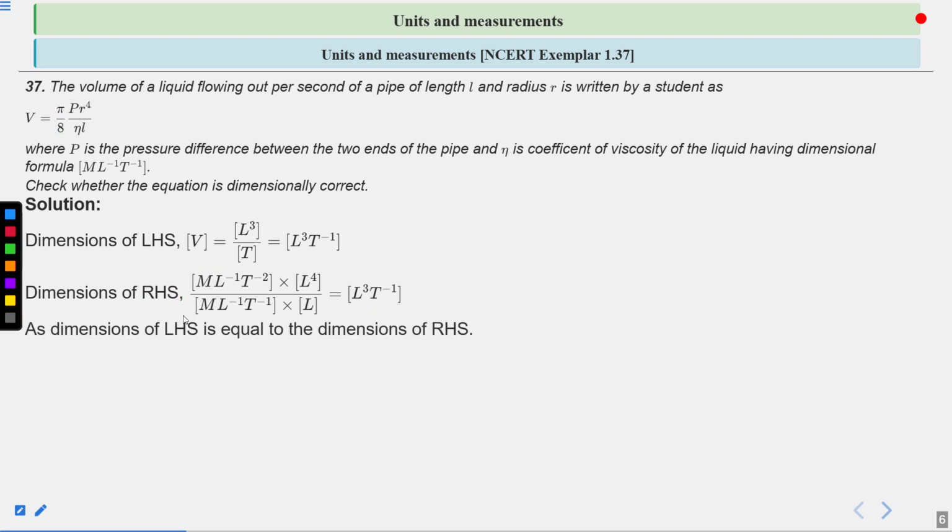So as the dimension of LHS is equal to the dimension of RHS, look at here, this is the dimension of LHS and this is the dimension of RHS. Both are equal, so we can say LHS is equal to RHS. Therefore, the equation is dimensionally correct. Clear?